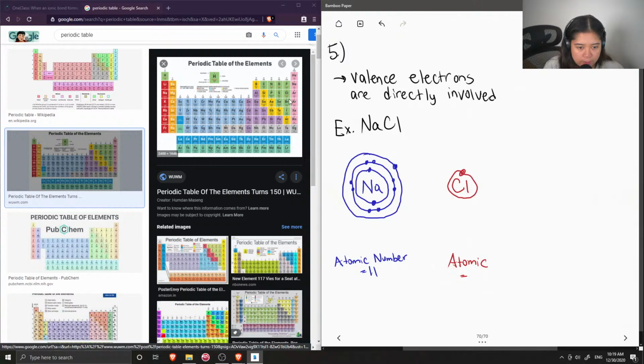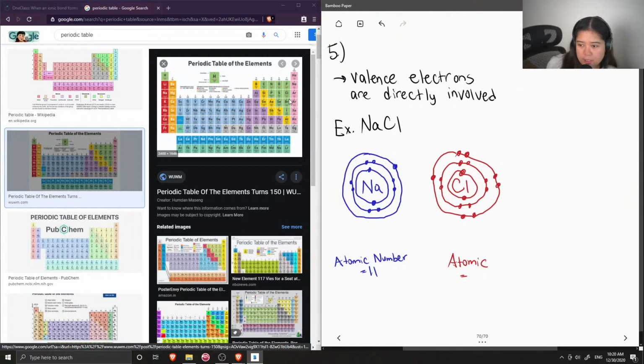So I'm going to draw the same 2 in the innermost shell, 8 in the next shell, so that's 10. So now I'm going to draw 7 of its valence electrons in the outermost shell.